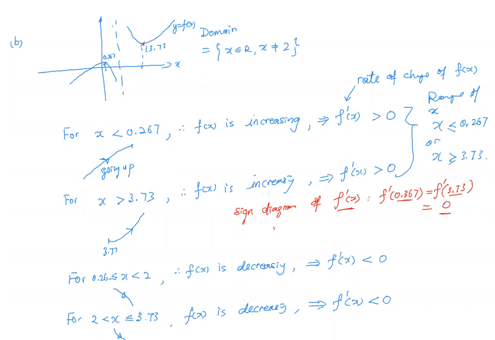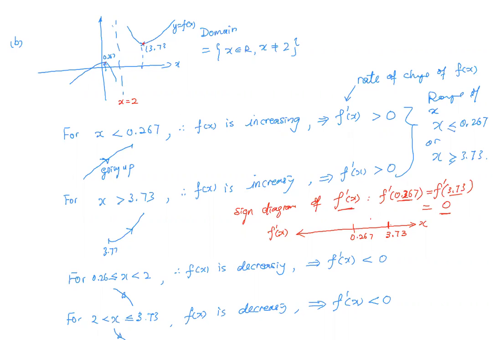So now my f prime x sign diagram: 0.267, and the other one is 3.73. So another point I also need to put down. Do you know which point is that? The vertical asymptote.